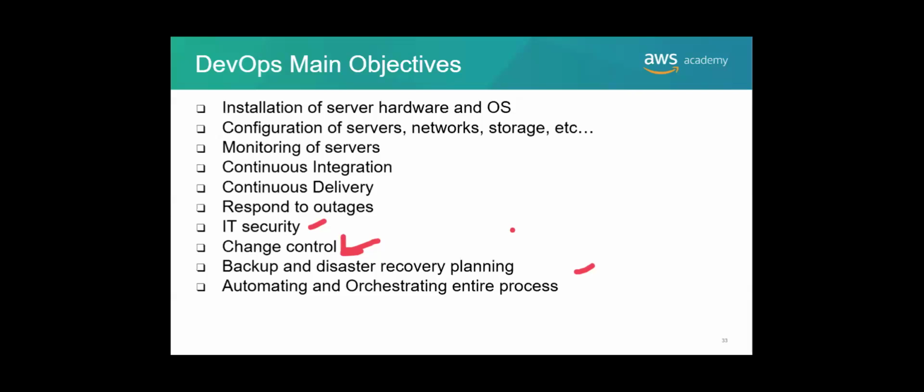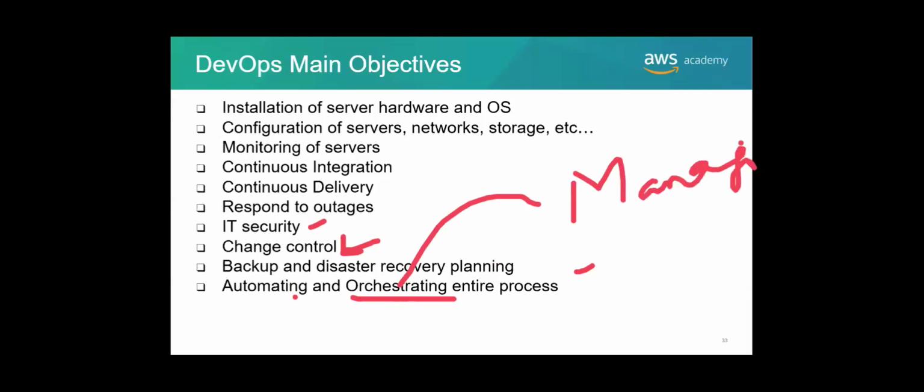Next one, automating and orchestrating the entire process. Orchestrating means what? Orchestration means planning, managing the entire process.